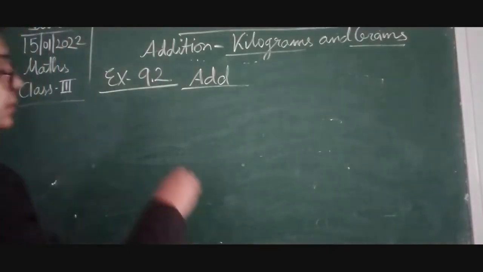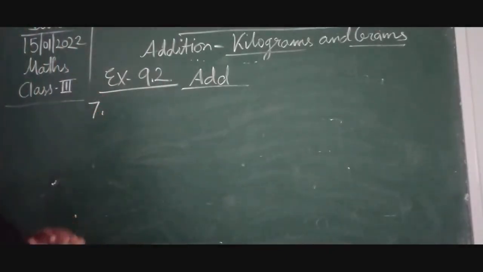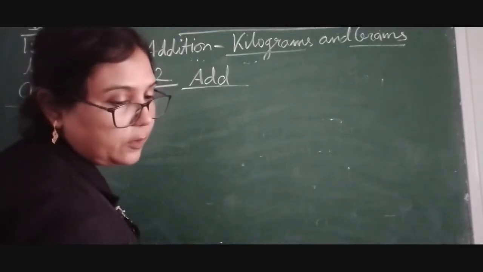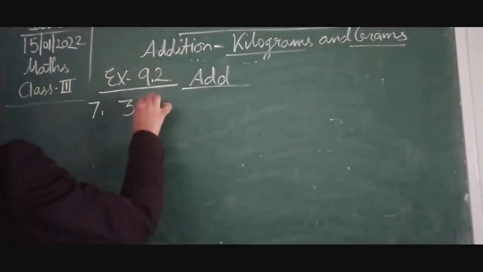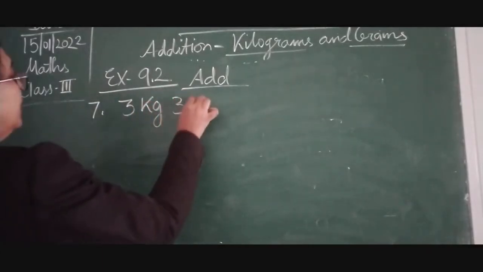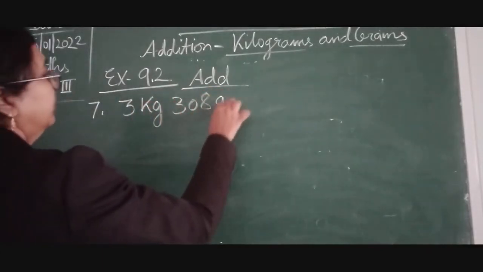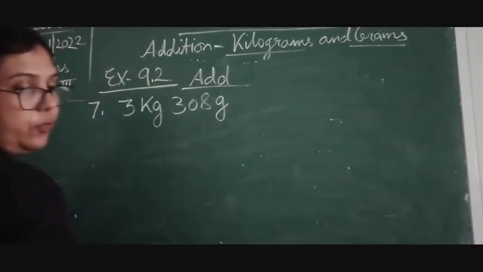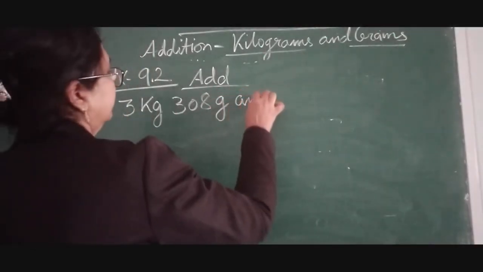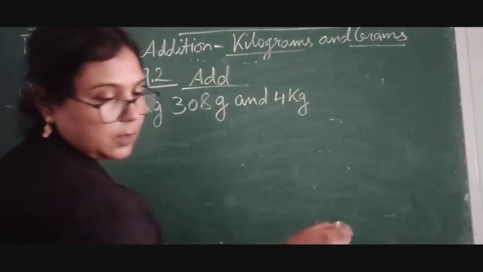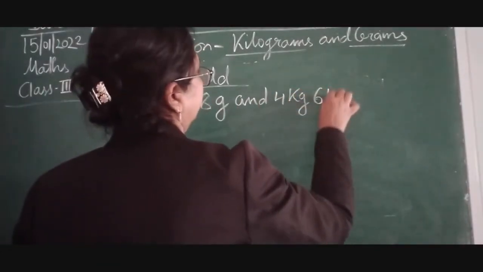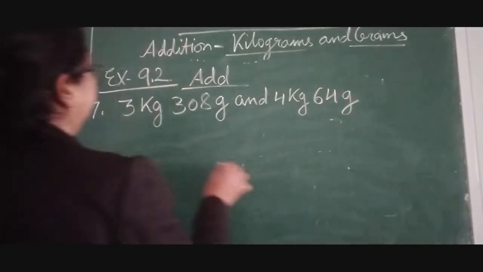Seven number, 3 kg 308 gram and 4 kg 64 gram.